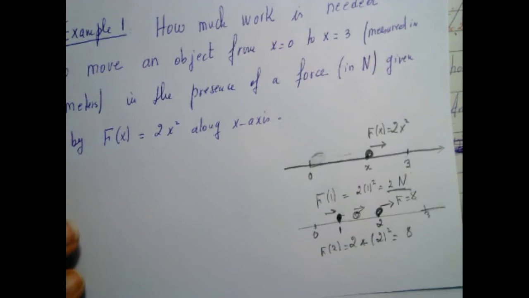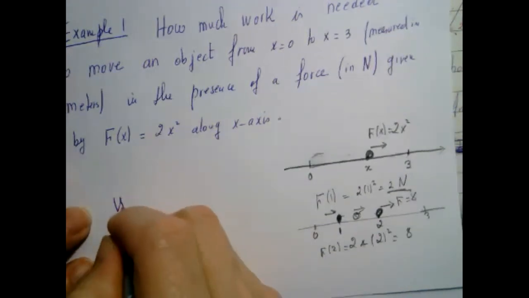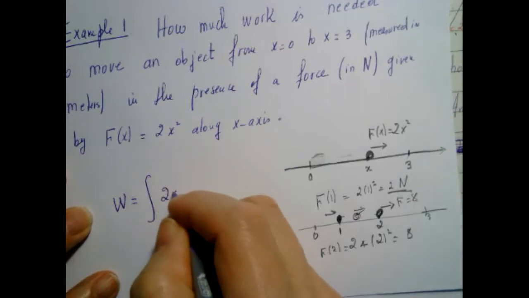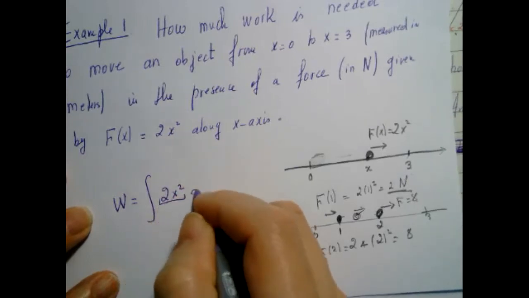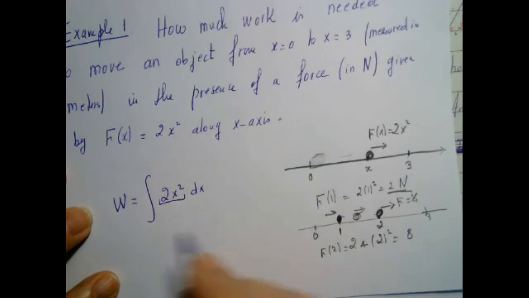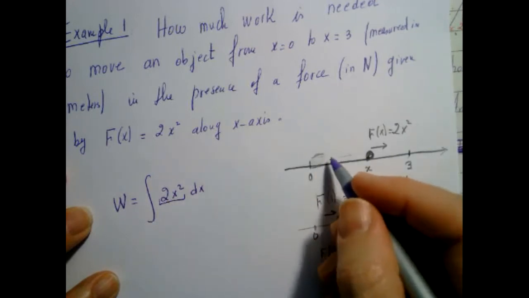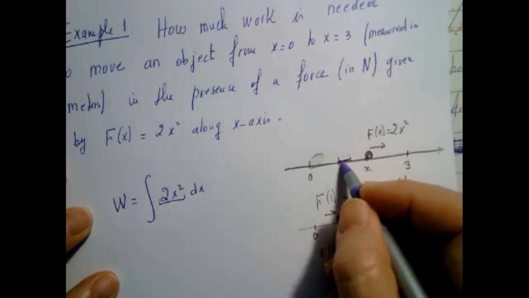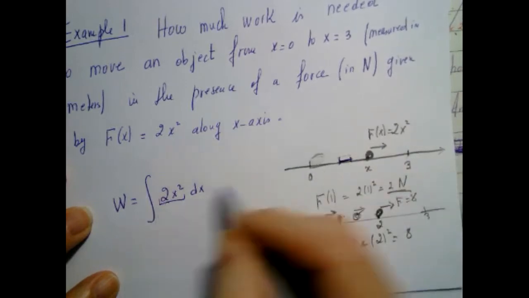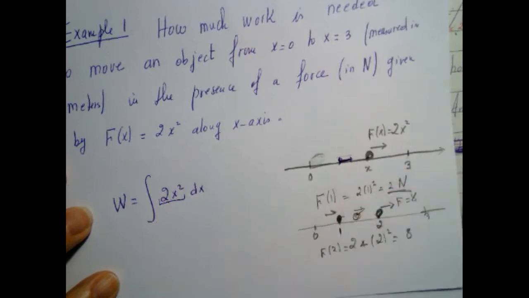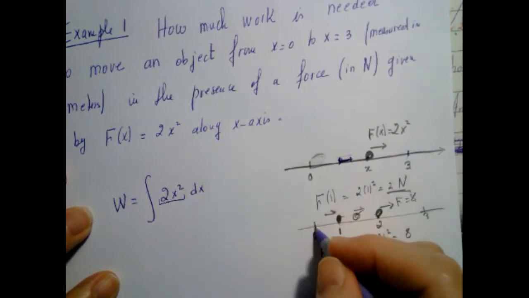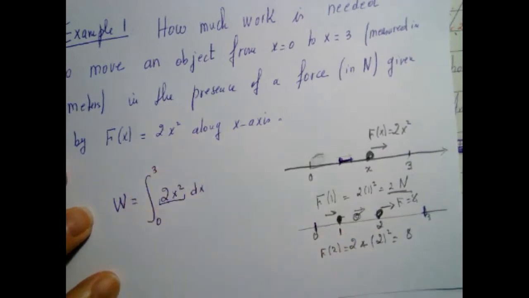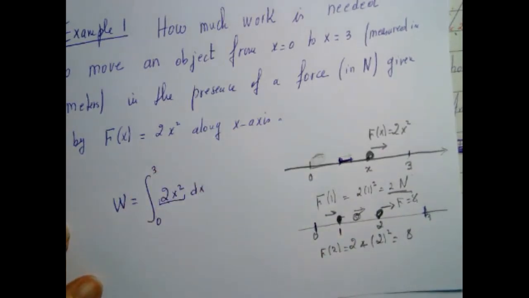So in this scenario, the work is given by the simple formula. It's the integral of the force times dx. This is basically the idea of delta x, the idea of splitting it. The dx represents the little bit that we move, and this represents the force we need to move it a little bit. And the integral goes from where? From 0 all the way to 3. So a very straightforward application.